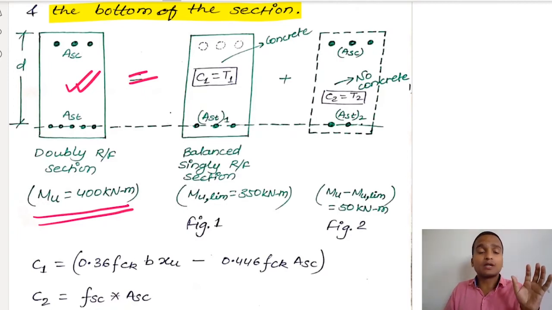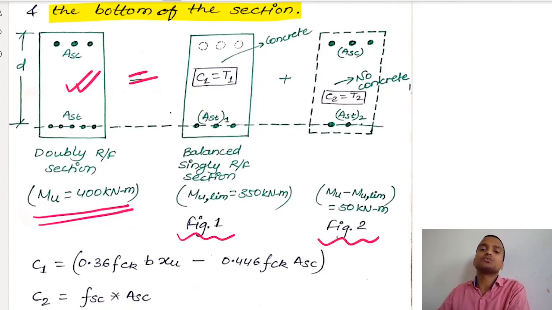You break one complex part into two simple parts, try to understand by those two parts, and then superimpose both parts to get the complex part. So this is my figure 1 and this is my figure 2. In figure 1, you are seeing a singly reinforced beam, in which there is concrete everywhere except in these three dotted holes.